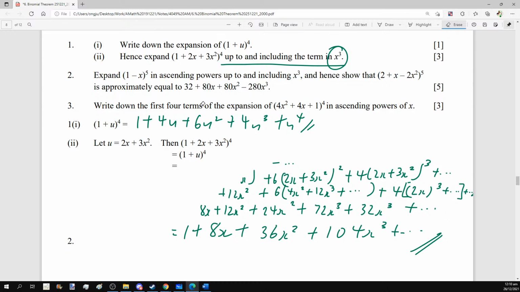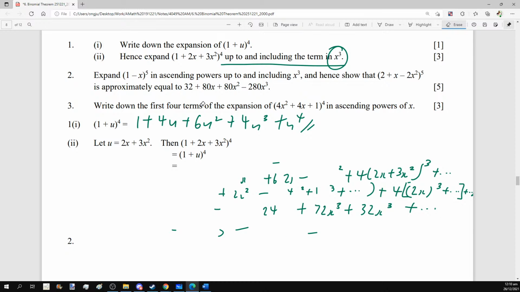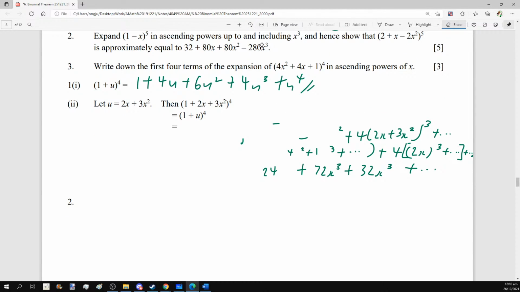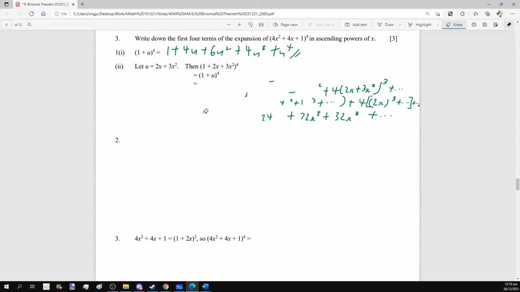Now, regardless of whether it's binomial, trinomial, and so on, sometimes you might get lucky and you might have a situation where you could actually just factorize immediately. So let me zoom out. I actually have an example of this, which is exercise number 3. Exercise number 3 is quite funny. It tells us to find the first 4 terms in ascending powers. In other words, constant, x, x squared, x cubed.